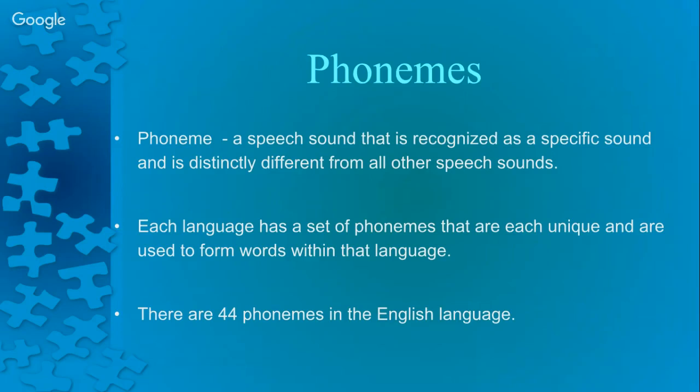In English, there are 44 phonemes. And we use these phonemes in order to form words. A phoneme might be something like this: T, sh, k, r. Each of those is a unique phoneme.